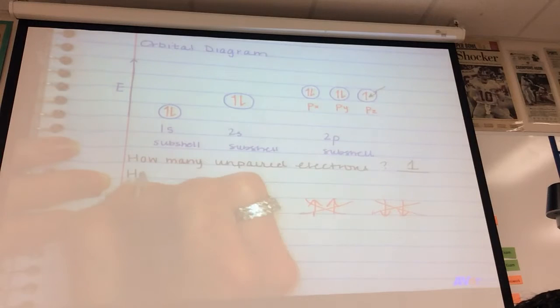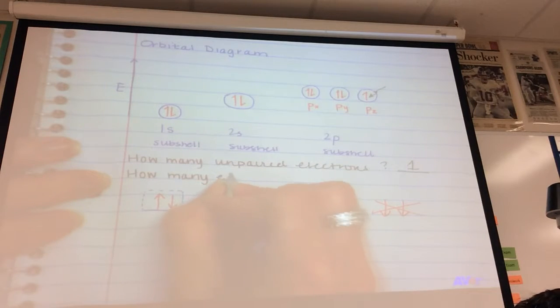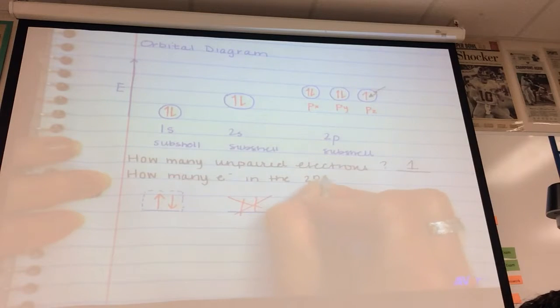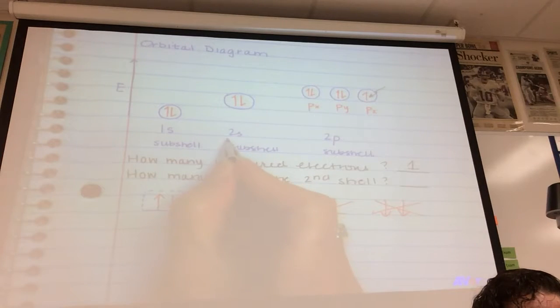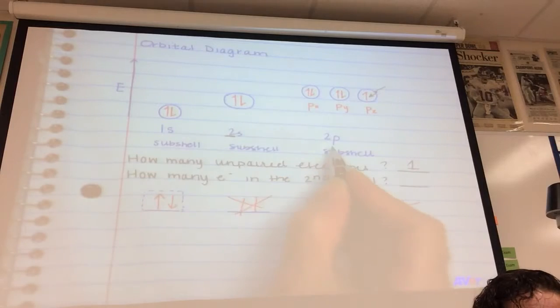How many electrons in the second shell? Careful. The second shell is where n equals 2, right? N equals 2 here and here.